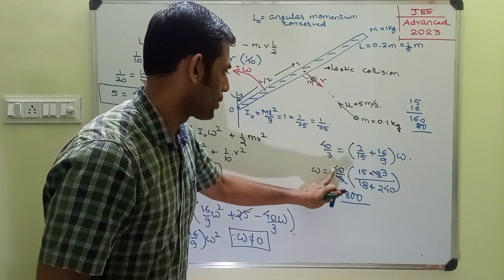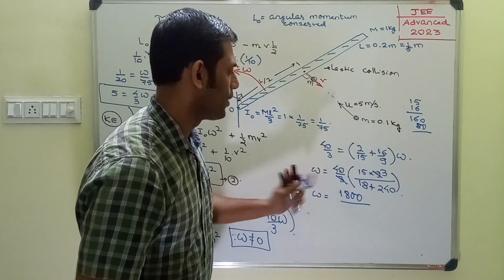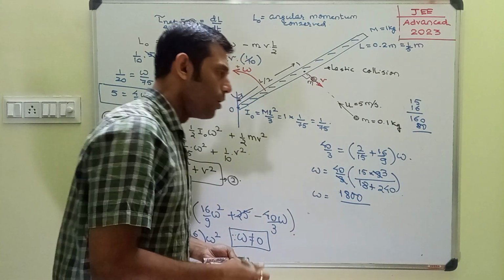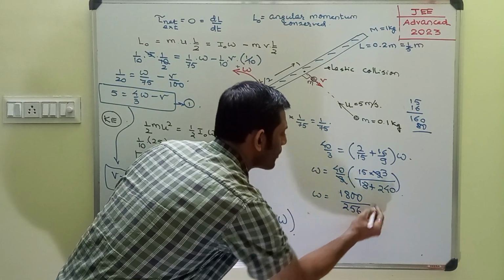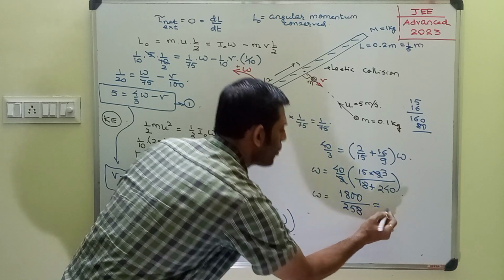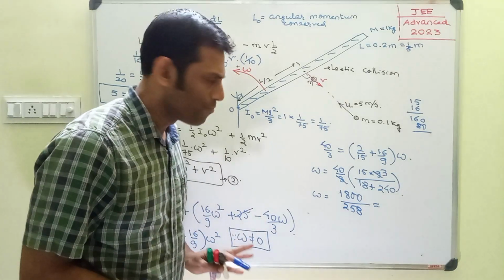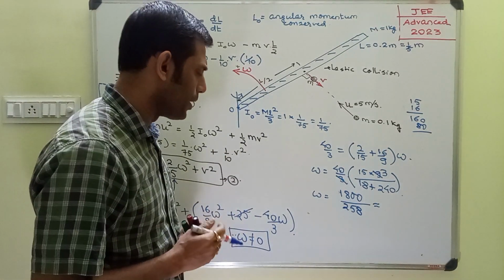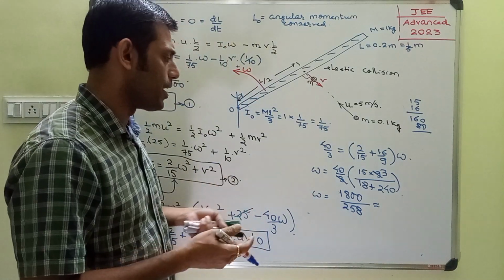If I'm not wrong, 600 into 3 is 1800, or 45 into 4, 1800 by 258. Approximately how much? Approximately, it's like 258 into 7.